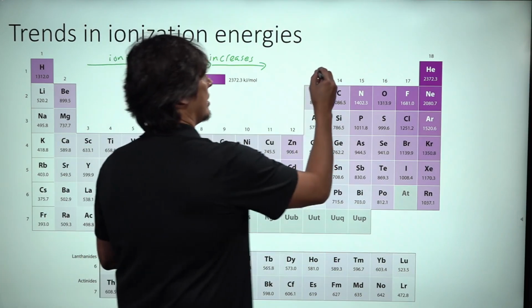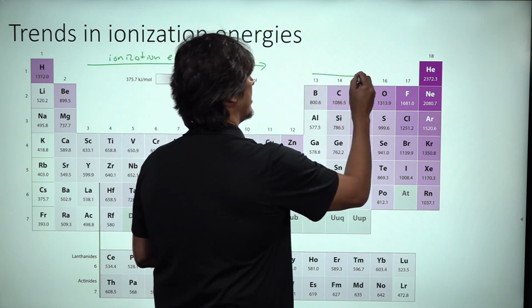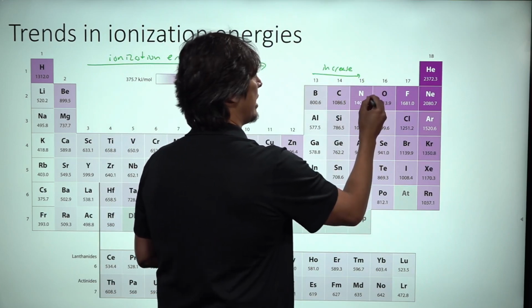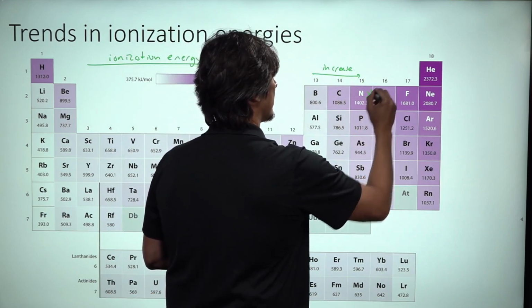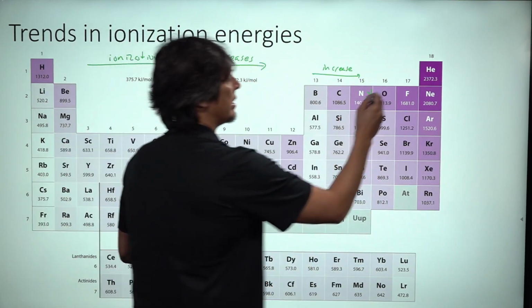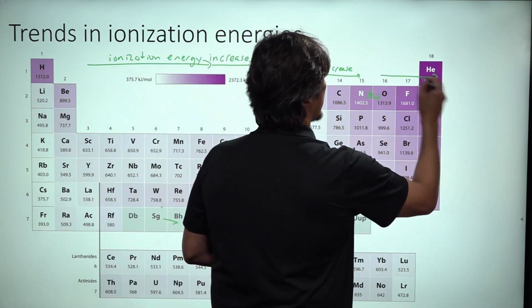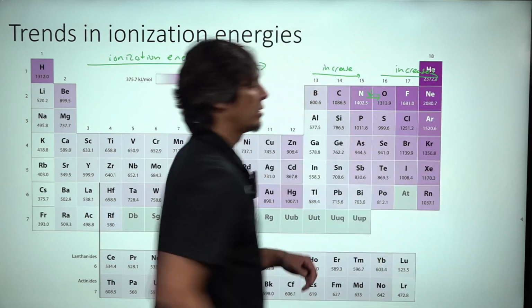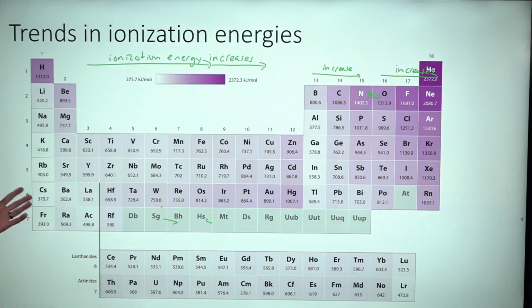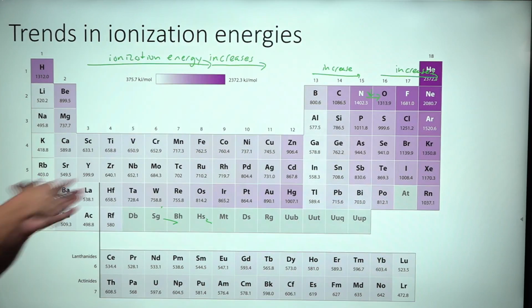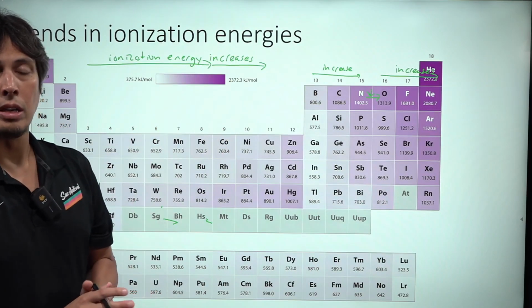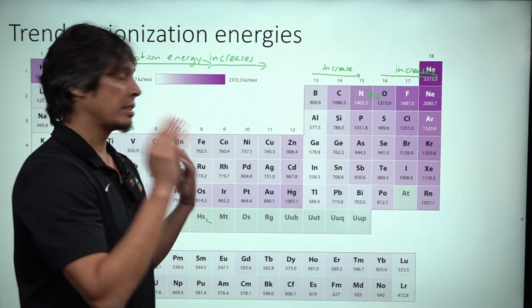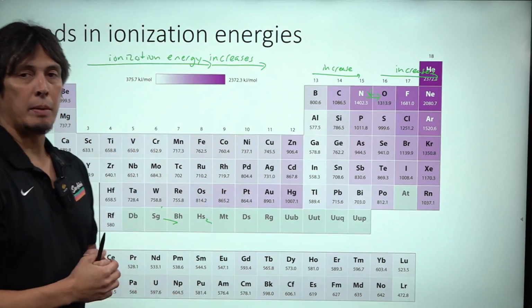For instance, the ionization energy from boron to nitrogen increases, but then between nitrogen and oxygen, it decreases, and then begins to increase again as we go from oxygen to neon. So there's not a continuous trend across the period for increasing ionization energy. There are these discontinuities where the ionization energy will decrease between two atoms.